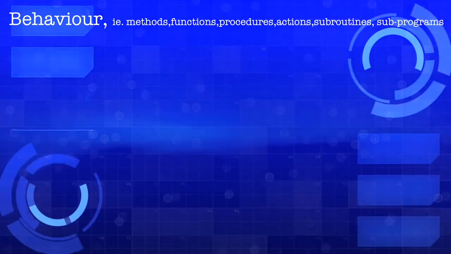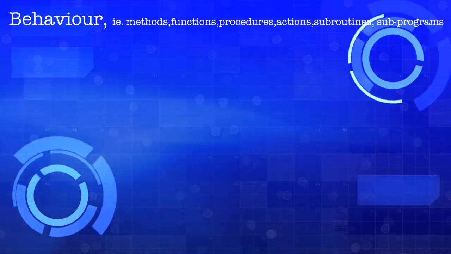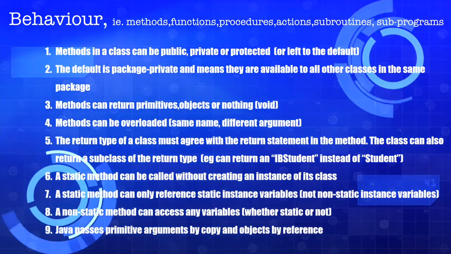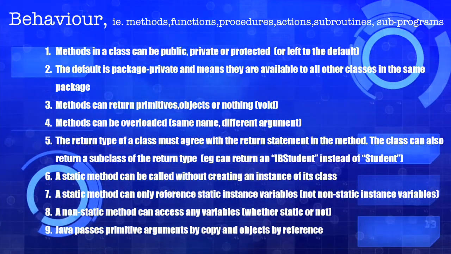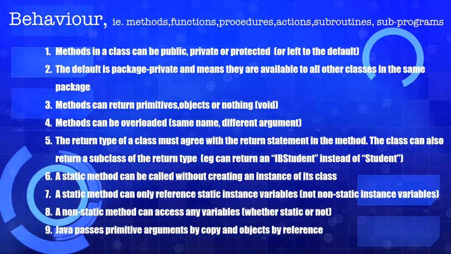So let's have a quick look at what we've just done. Methods are also called functions, procedures, actions, subroutines, subprograms. They can be public, private, or protected. If you forget to put in a modifier, that means that they're visible to all other classes in the same package or folder.